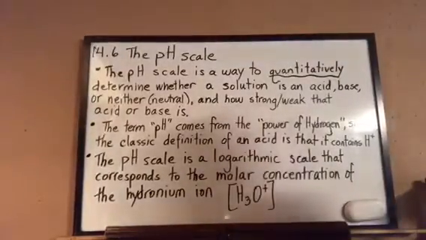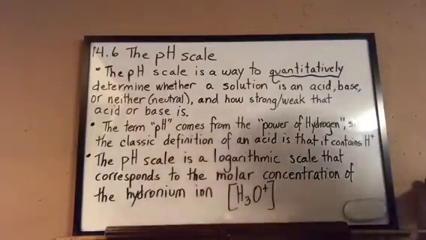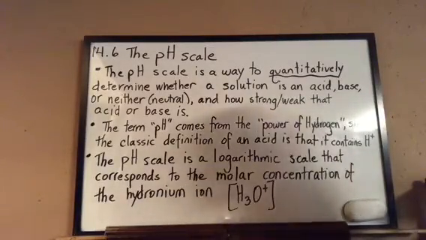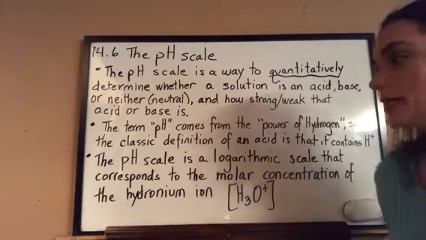The pH scale is how we can quantitatively determine if a solution is an acid, base, or neither, therefore being neutral. And we can also use the pH scale to determine how strong or weak that acid or base is.